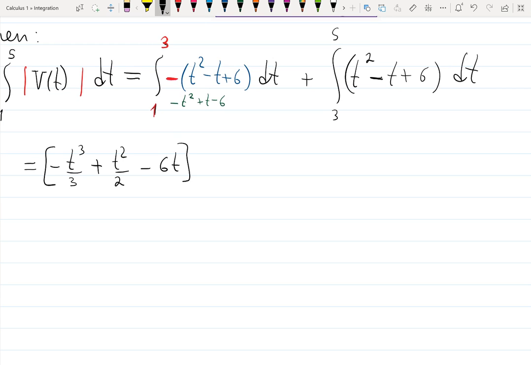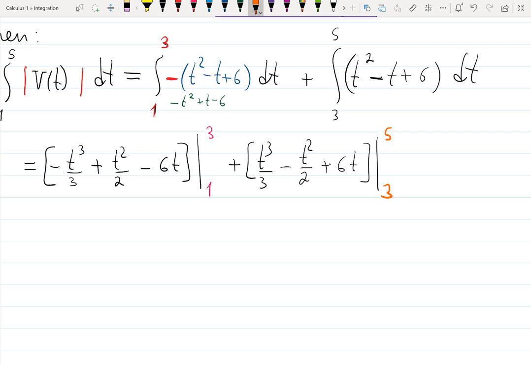And this is a definite integral, and in this integral we are working with lower limit of integration 1 and upper limit of integration 3. Plus t cubed over 3 minus t squared over 2 plus 6t, brackets. And this is the second integral with 3 and 5 as limits of integration.